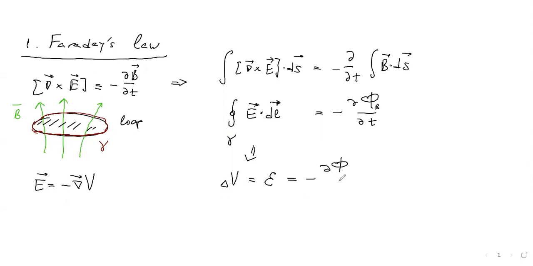And this is what we call Faraday's law. That an EMF or drop of potential will be induced if you have a flux of magnetic field changing in time through the loop.